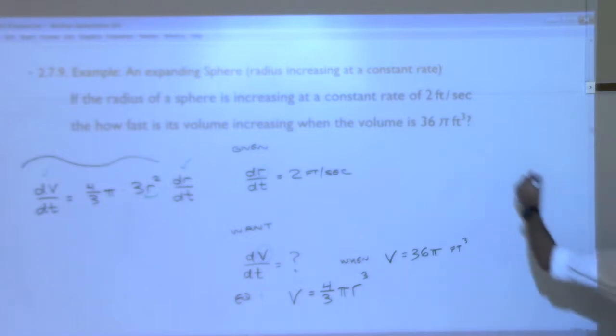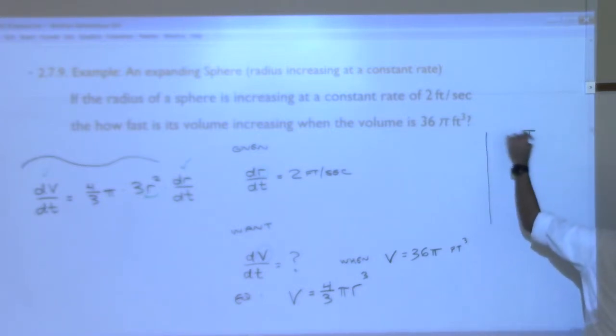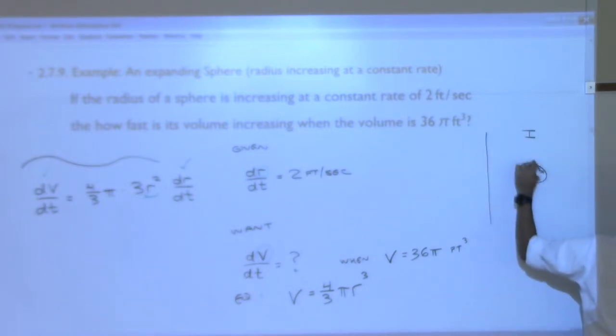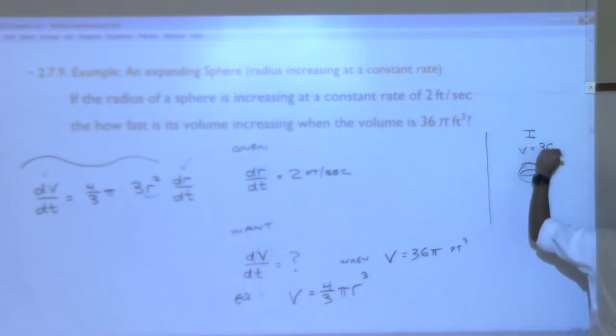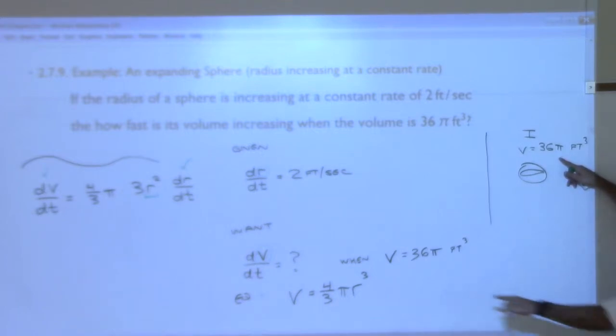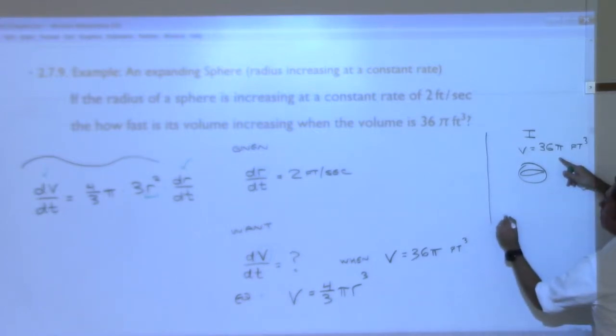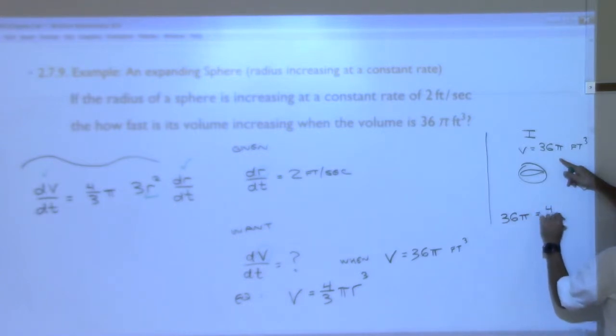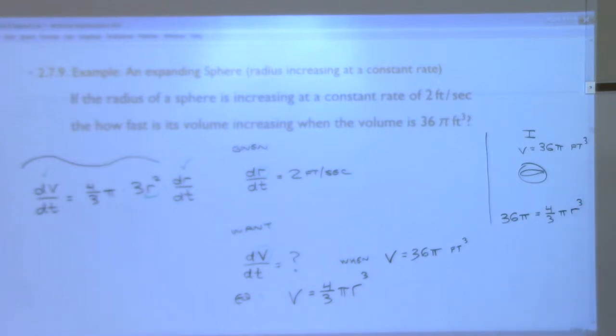So if I go back to that picture I had, where I had the instant in time, and I had volume was 36 pi cubic feet, right? If that's my volume, then I can come down to my volume formula. 36 pi must be equal to 4/3 pi r cubed. Right, so volume was given to me, must be equal to the formula for volume, and I can solve for r.